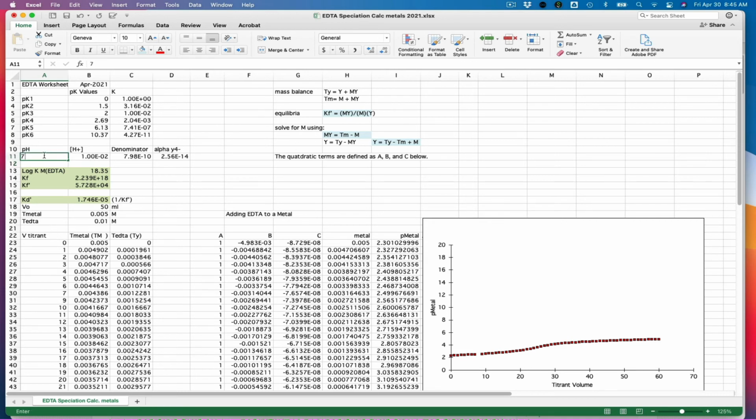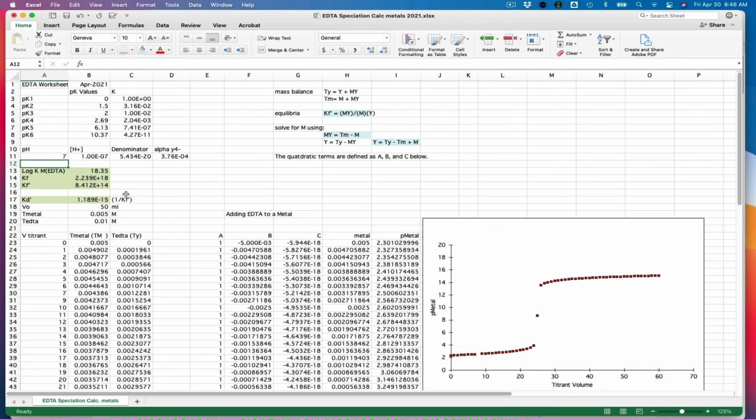Let's go back to 7. And now we can play around with different metals. So copper is a pretty good Lewis acid. It likes to bind to likes. It's like we gave copper personality. The copper has a high affinity for EDTA, but other metals have a much lower affinity, species like sodium and potassium and even calcium and magnesium.